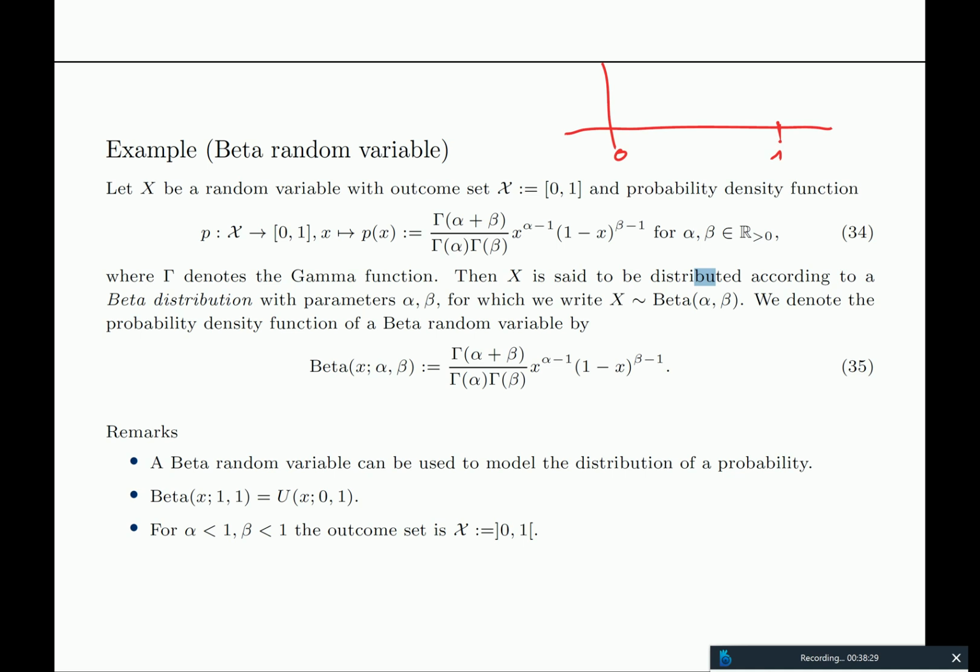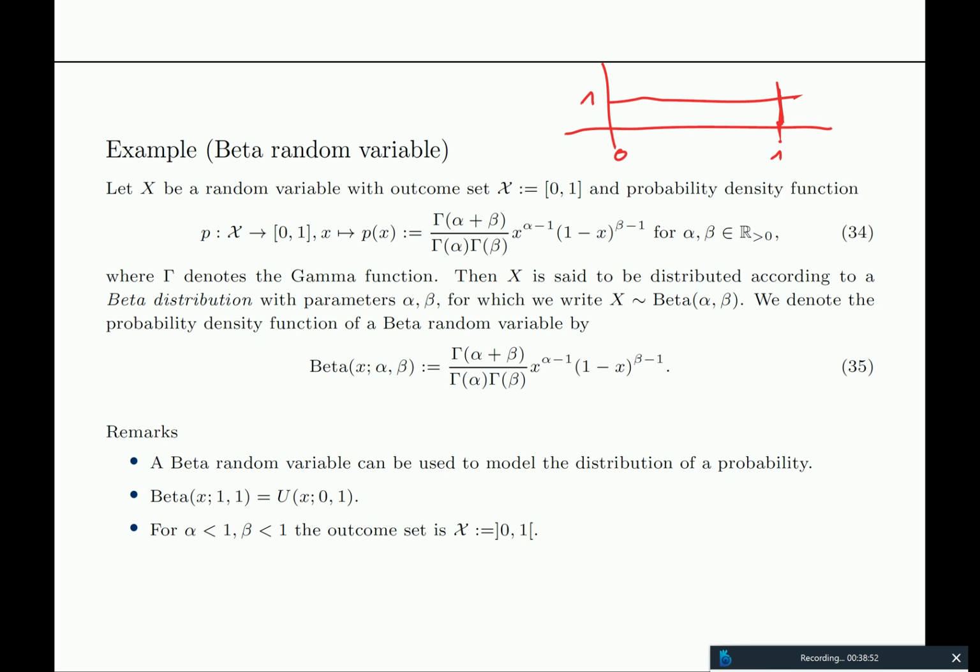Beta distributions, depending on their parameters, look different. For example, if the parameters alpha and beta are 1, then you have the uniform distribution over the interval 0 to 1.